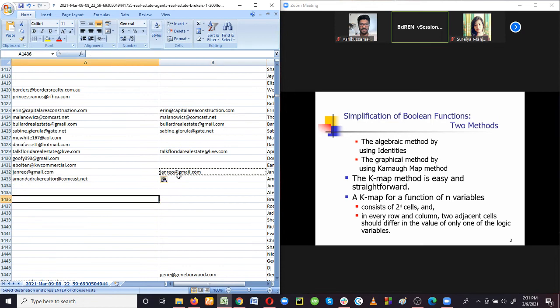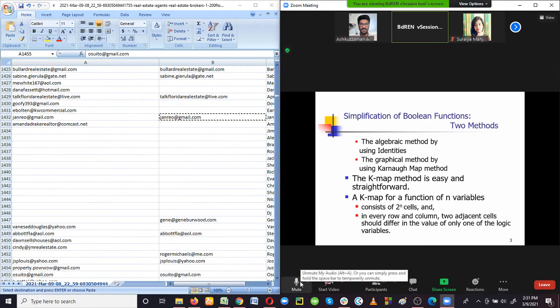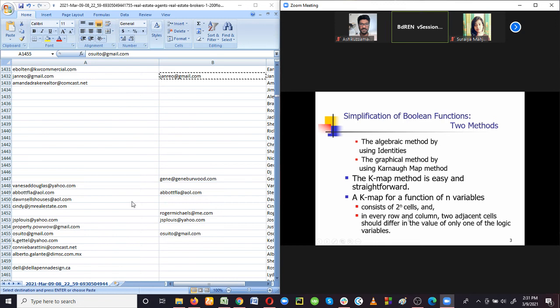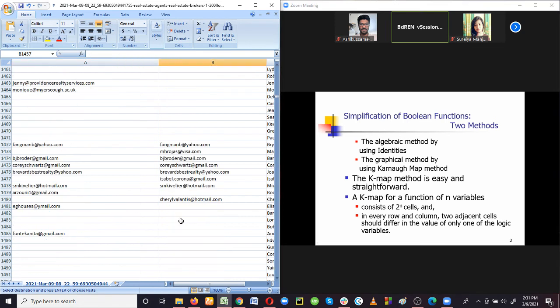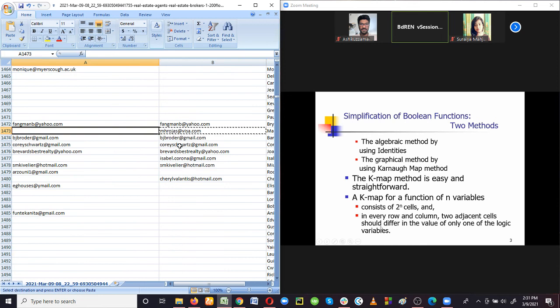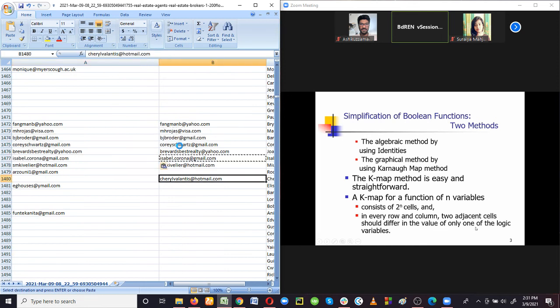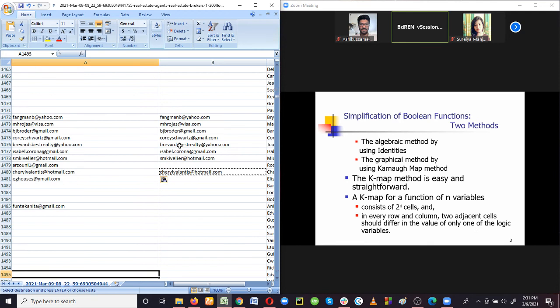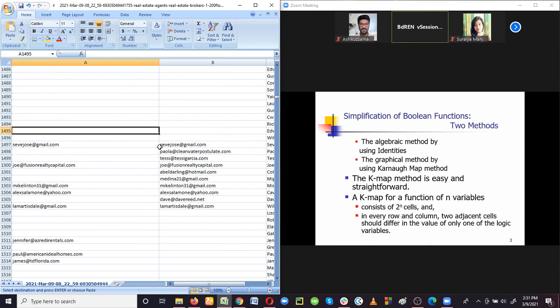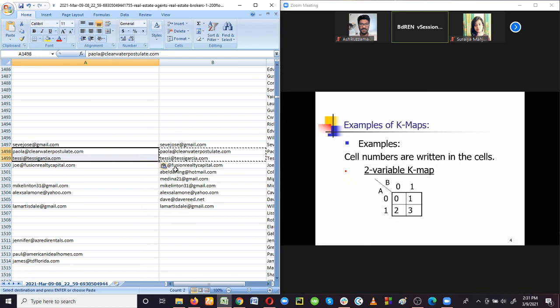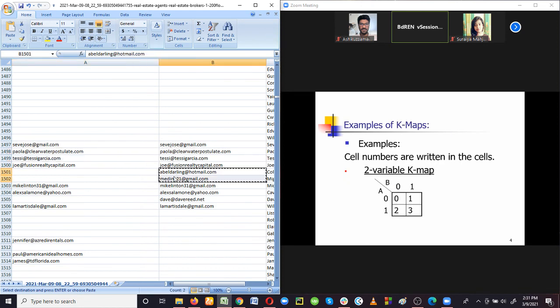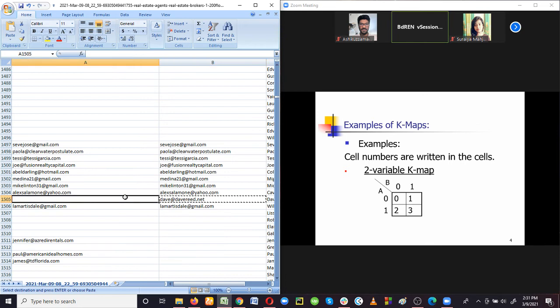The second characteristic is that in every row and column, two adjacent cells will differ in the value of only one logic variable. Now see the example, so that will be very clear for you.